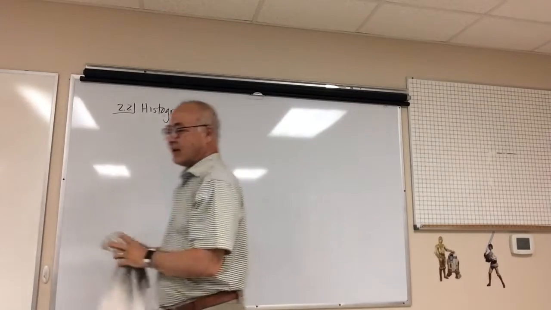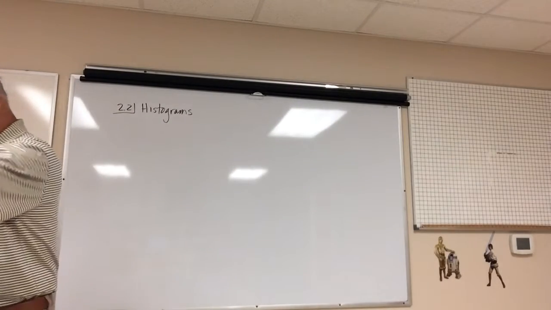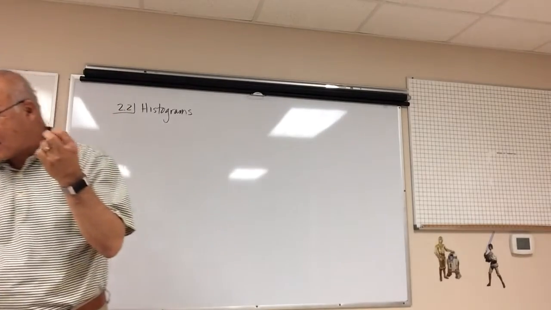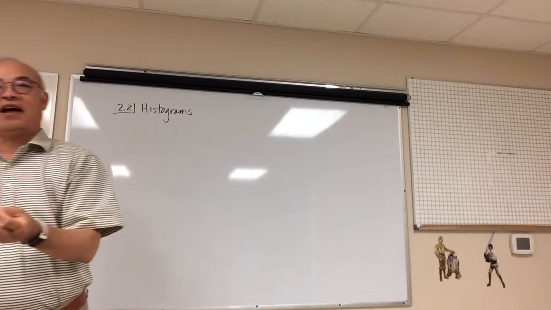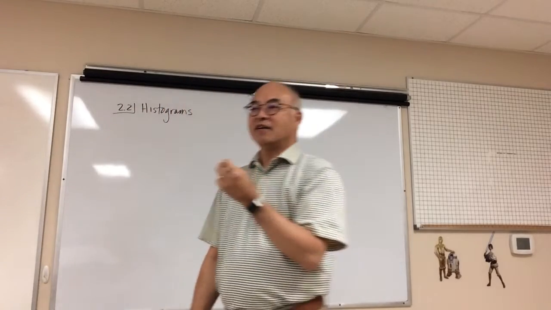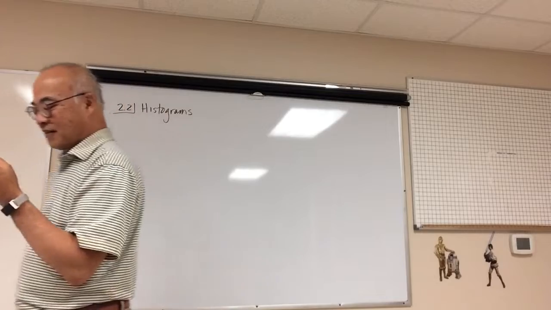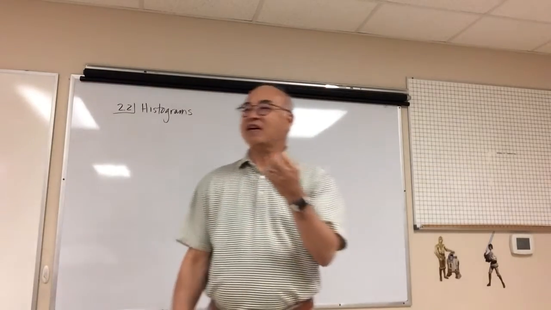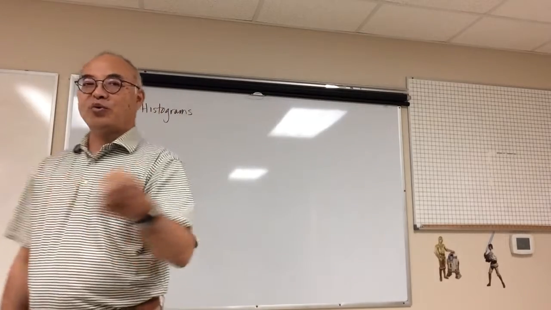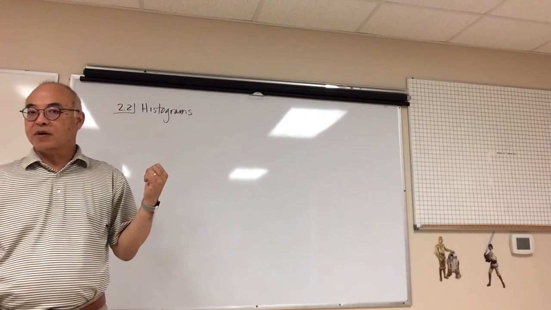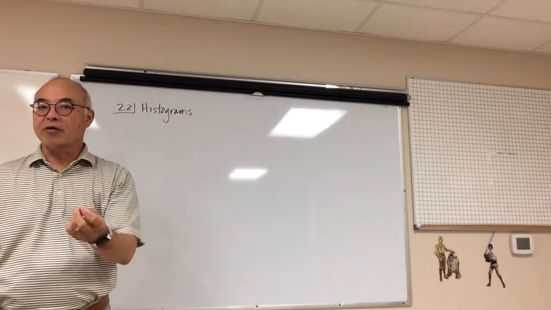The other thing I want to point out is that the horizontal scale represents classes of quantitative data. Has to be quantitative data. For categorical data, we will draw something that is very similar to this, and that is called a bar graph.